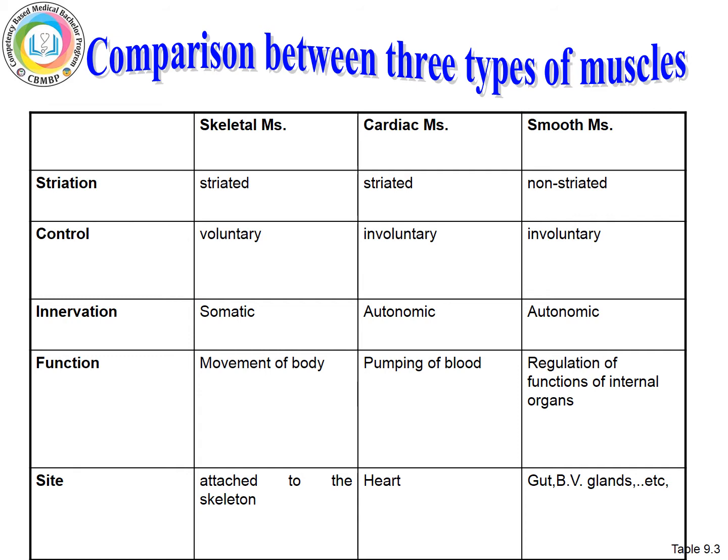Function: movement of the body in skeletal muscle, pumping of blood in cardiac muscle, regulation of functions of internal organs in smooth muscle. Site: skeletal muscle is attached to the skeleton, cardiac muscle is present in the heart, smooth muscle is present in the gut, blood vessels, glands, etc.